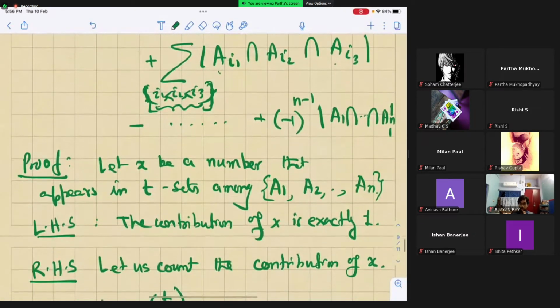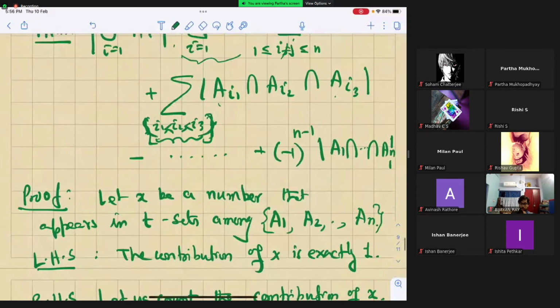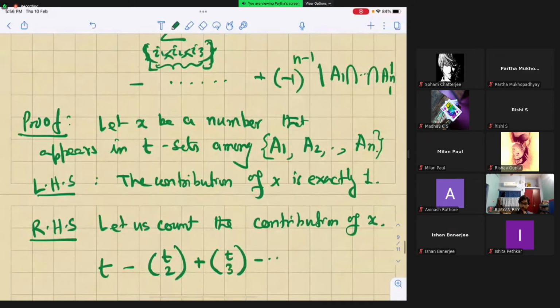Similarly, the third term, you take 3 at a time, T choose 3, and this process continues, and the process ends at (-1) power T minus 1, T choose T. You have taken all of them together. So this is the contribution of X in the right hand side.